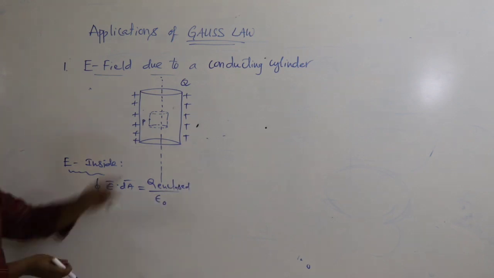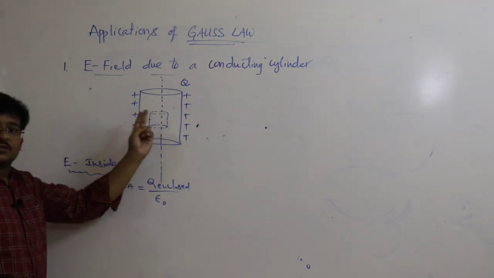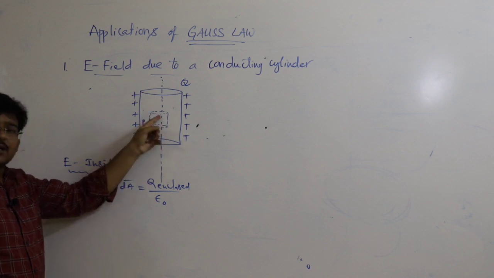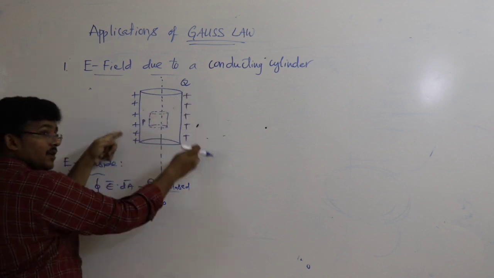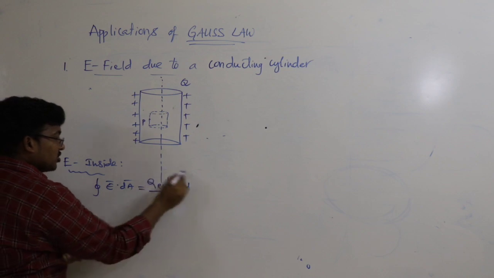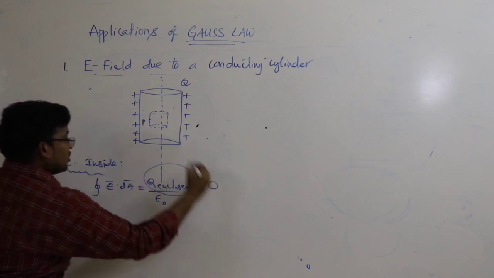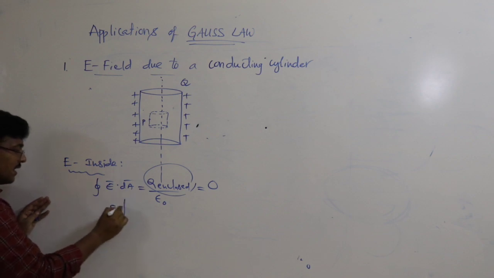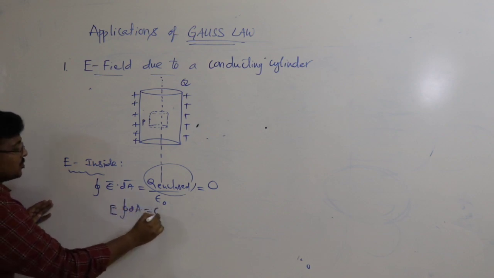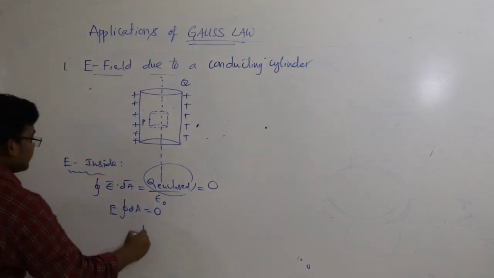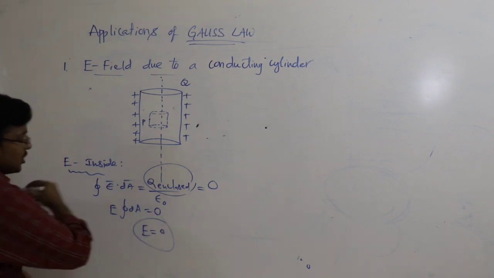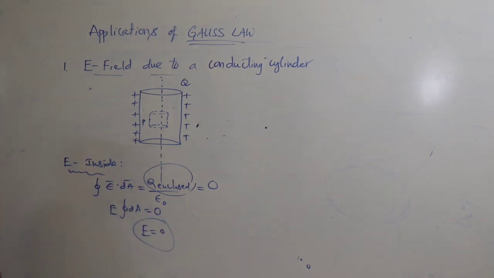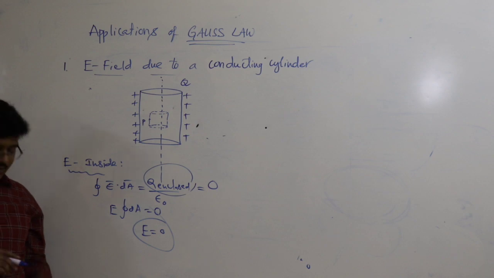In this Gaussian surface, there is no charge enclosed, because the charge is here, not here. So the charge enclosed is 0. Hence you can take E out. So E into this dA is equal to 0. We can say that the electric field is 0 inside. So no electric field is inside.